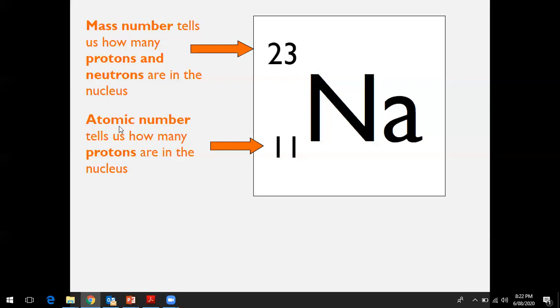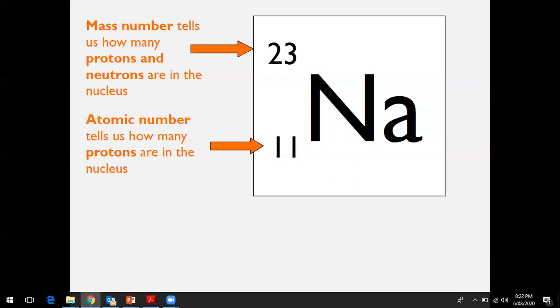Okay, so then the atomic number is written at the bottom, and it tells us how many protons are in the nucleus. And in an electrically neutral atom, the number of protons is always equal to the number of electrons.